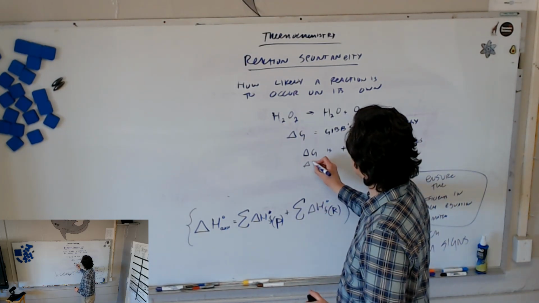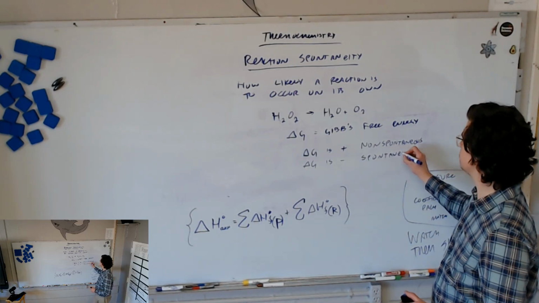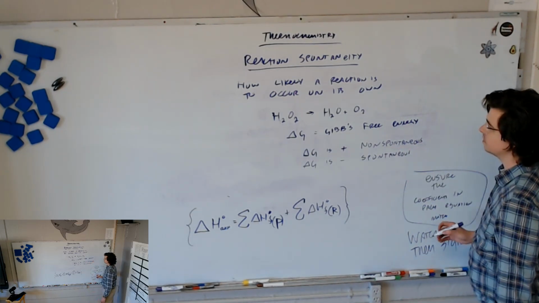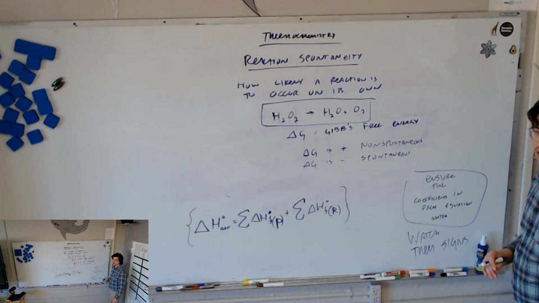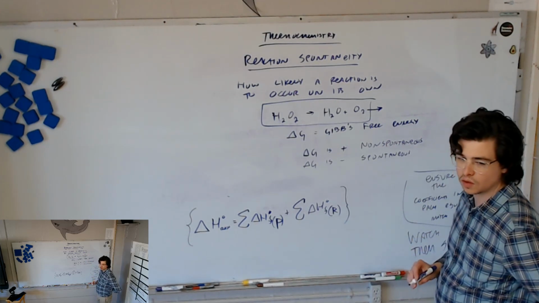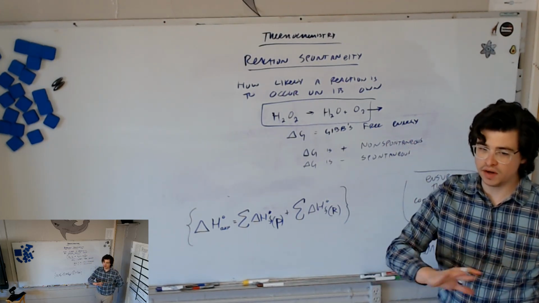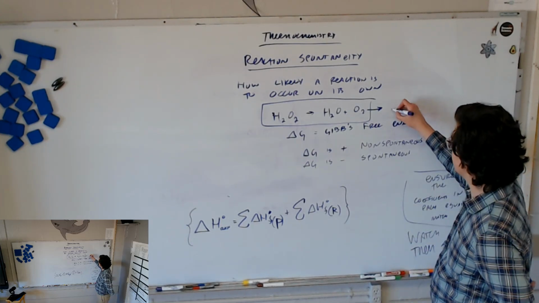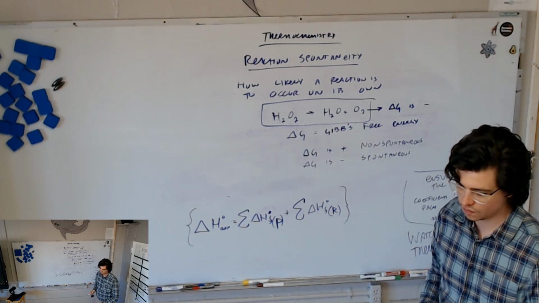And if delta G is negative, the reaction is spontaneous. So for hydrogen peroxide decomposing into water and oxygen gas, would the delta G be positive or negative? Well, we said it's spontaneous, even as we sit here putting in no input, so delta G is negative.